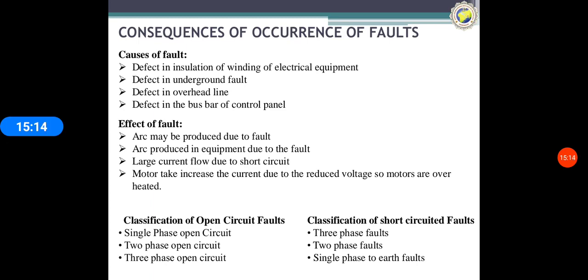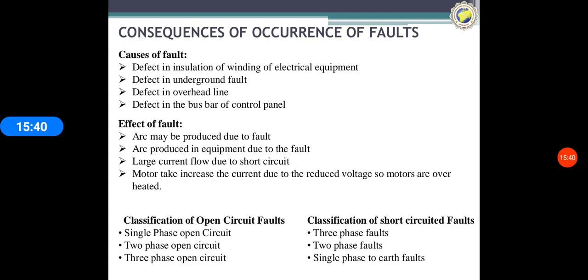Now the next one is defect in overhead line. Bare conductors are placed over the insulators. In case of the overhead line, the conductor is grounded and a line to ground fault results when the insulator gets punctured or there is a crack on the insulators.